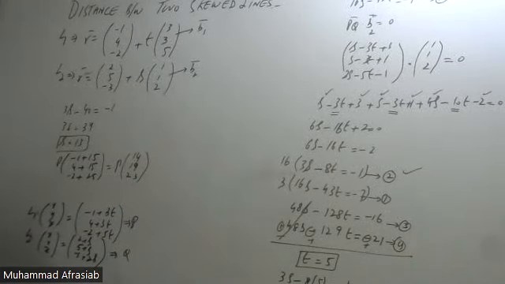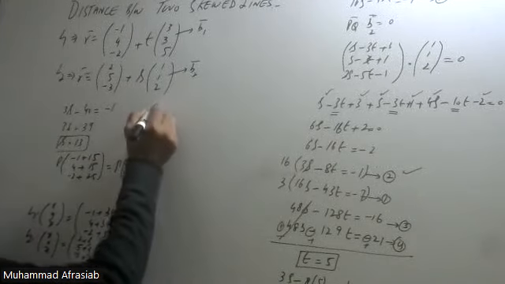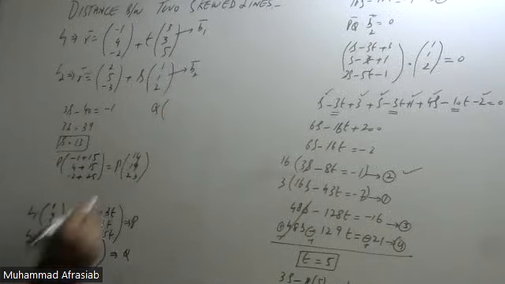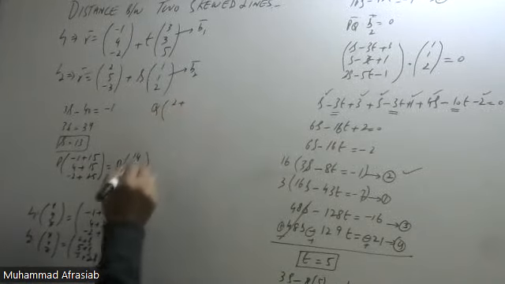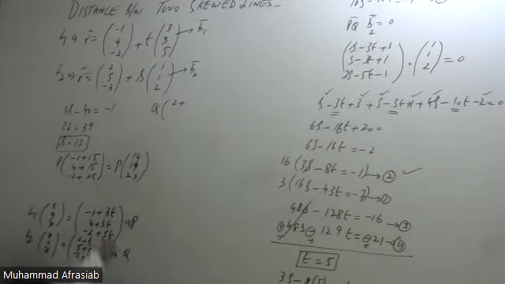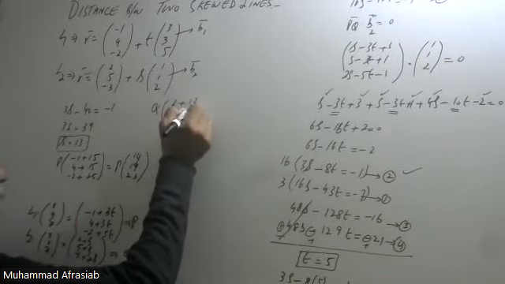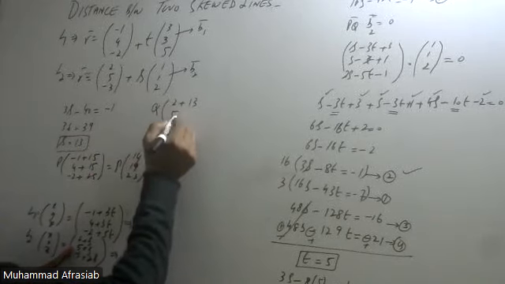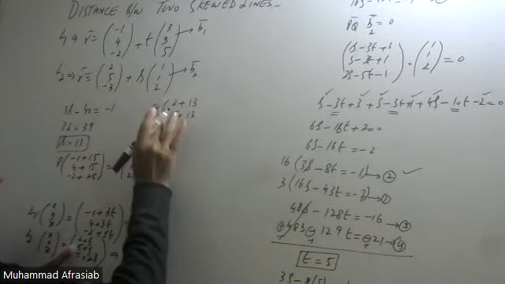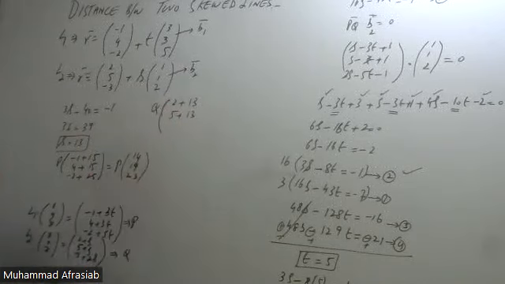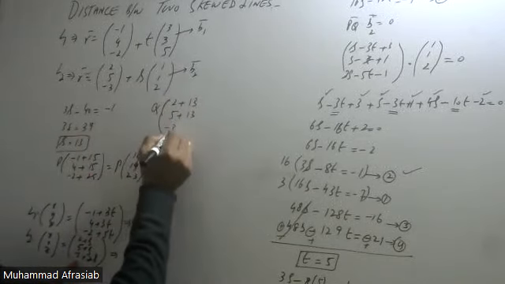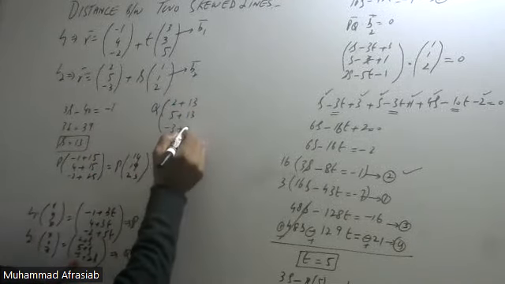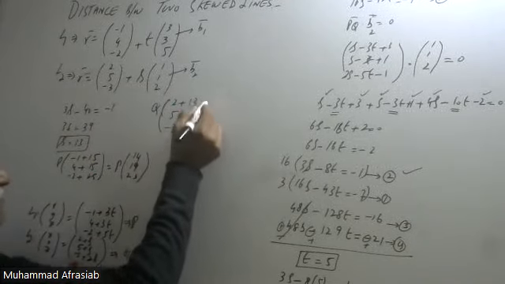Then we can find out the coordinates of Q. That is 2 plus s, so the s value is going to be calculated as 13. Then the y value is 5 plus s, and the z value is minus 3 plus 2 into 13, that is 26.